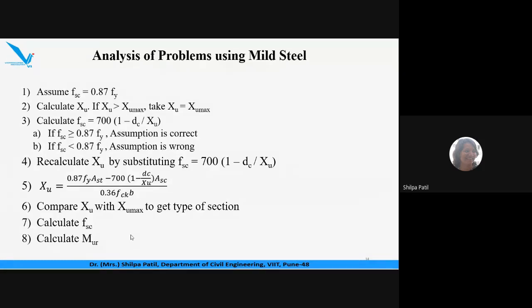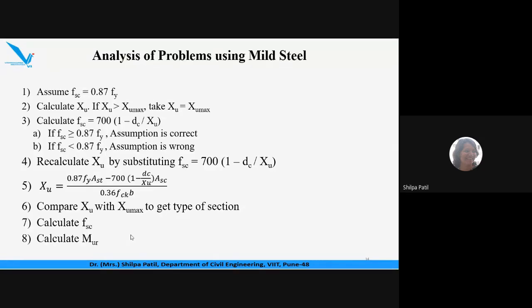If you initially observe these steps, it seems to be complicated because first calculate FSC, then calculate XU, again check FSC value, again find out XU, again find out FSC. This is a repetitive step. That's why, at least for mild steel, by repeating 2 or 3 steps, we are getting a certain value of XU and FSC.